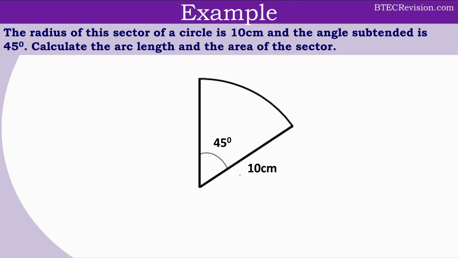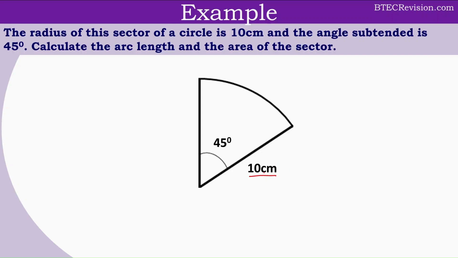Let's take this example. The radius of this sector of a circle is 10 centimeters, and the angle subtended is 45 degrees. Calculate the arc length and the area of the sector. The first thing we should note is that the units need to be converted.